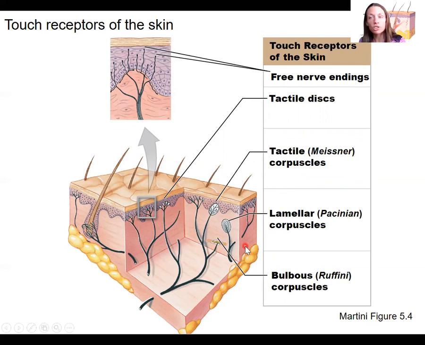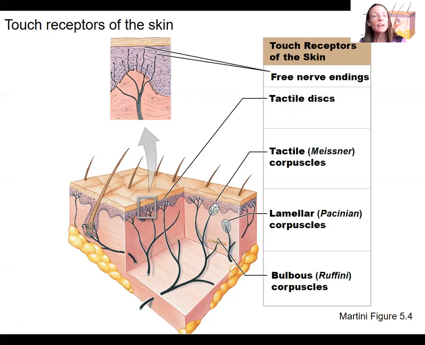And this is a structure function example. So if you've got this shape of a receptor, it's going to respond to a different stimulus than a free nerve ending or this shape, or this shape down here, which is very long and responds to stretch. So light touch, pressure, temperature, stretch, and they all have modified structures that respond to different stimuli.